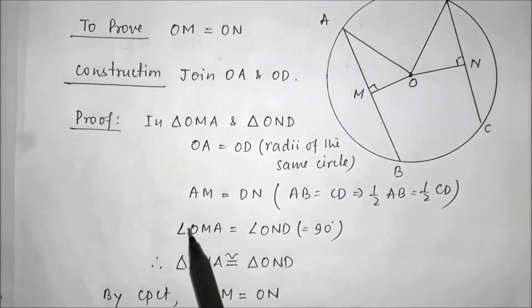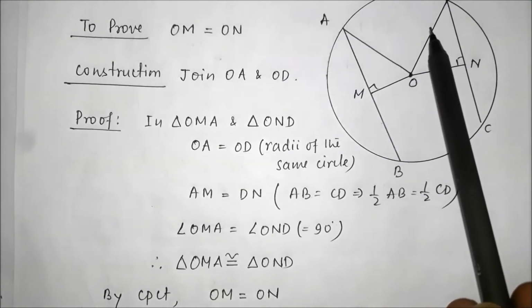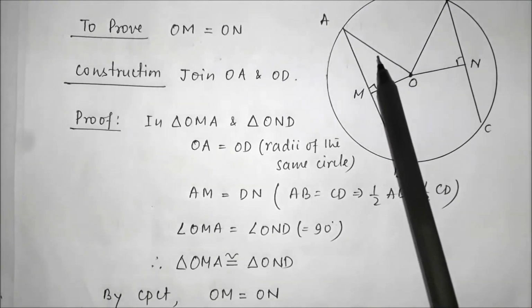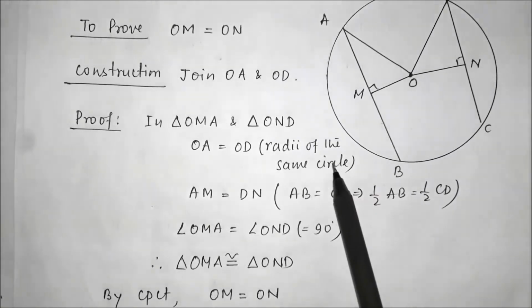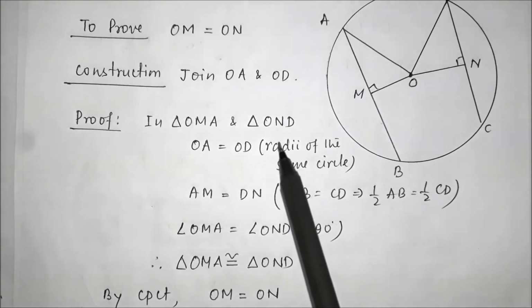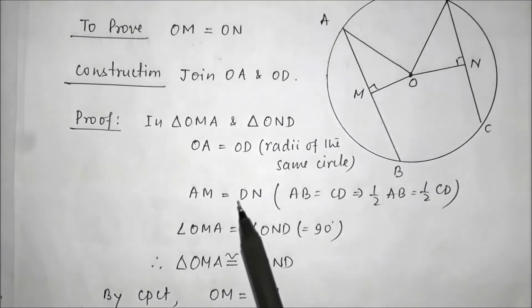Now we can say that first OA equals OD. If you draw the diagram, you can see this OA equals OD. The reason is they are the radii of the same circle. Yesterday I told you radii is the plural form of radius.